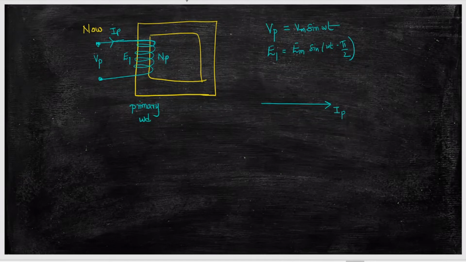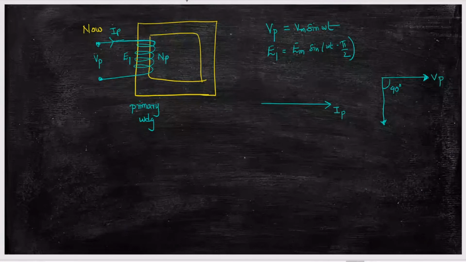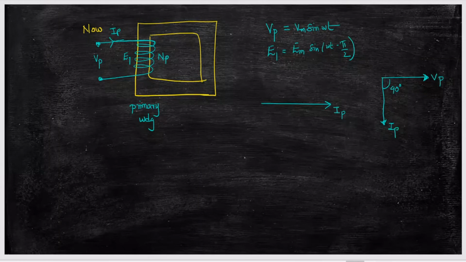In a pure inductor, what is the relationship between voltage and current? Suppose this is the voltage Vp you are applying, and this is the current. Current lags voltage by an angle of 90 degrees in a pure inductor. So you are applying Vp and Ip to this inductor, and Ip will be lagging Vp by 90 degrees.